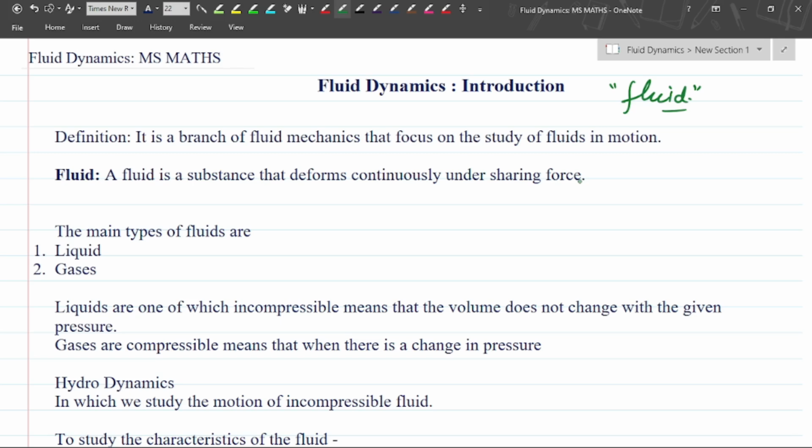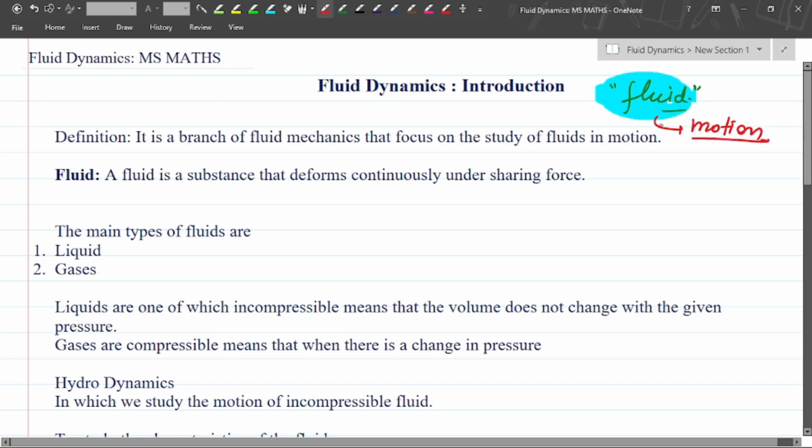In fluid dynamics, which is a particular branch of fluid mechanics, we focus on the study of fluids in motion. Basically, we'll discuss the fluids, but in this particular section we'll discuss the motion of the fluid.